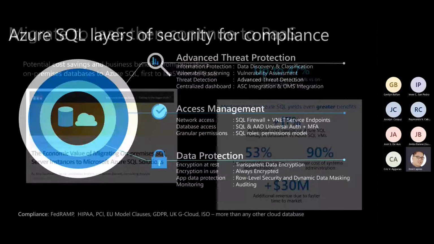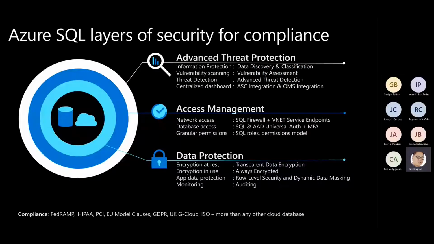Okay, in terms of security, we have several layers that help you to address threat protection, access management, and data protection. Under the advanced threat protection services that are built into Azure SQL, you have information protection, vulnerability scanning, threat detection, as well as centralized dashboards.